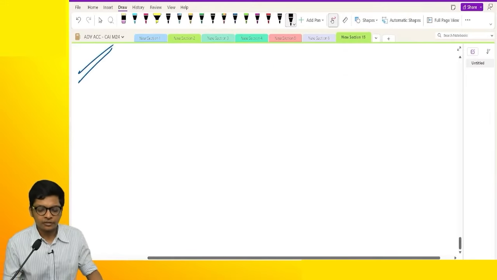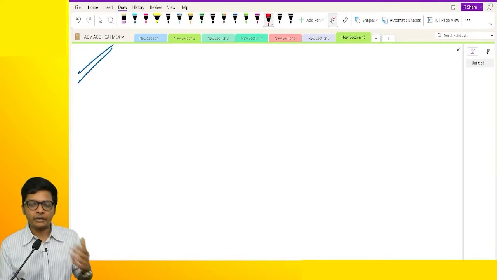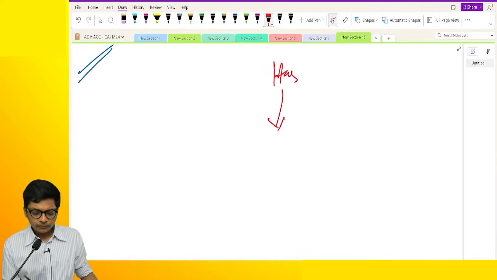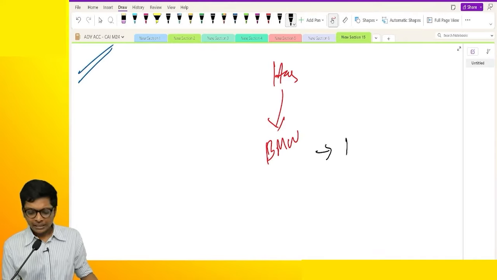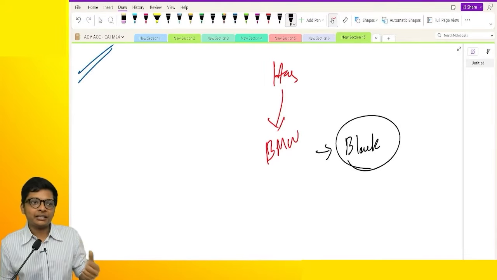Some more theory left. You must be remembering this example. Let's say Hayagrivan went and purchased a new BMW car. He asked for a black BMW, and they gave him a black BMW car. Later he wants to paint that car.